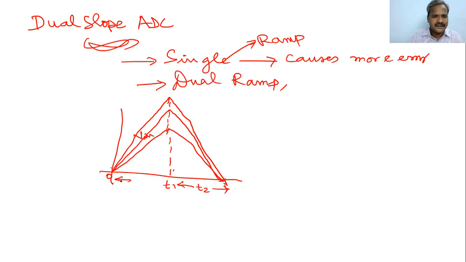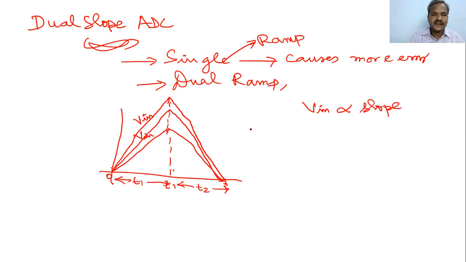This time is T1, this time is T2, and this is V in, with different values of V in. This V in is proportional to the slope, or the slope is proportional to V in.